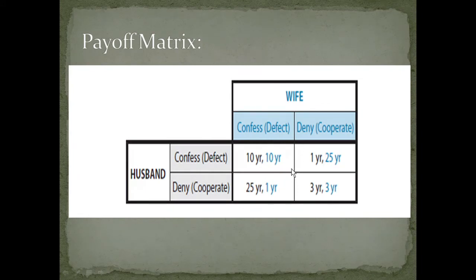Similarly, if you apply the same logic, you'll see for the wife also, the dominant strategy is confess. So you add both the dominant strategies, you arrive at this particular equilibrium. Now that's where the dilemma is.